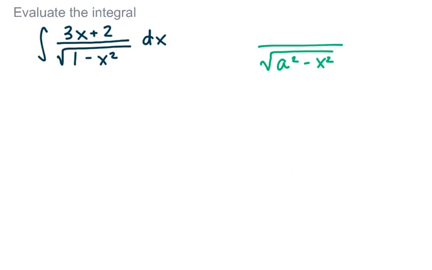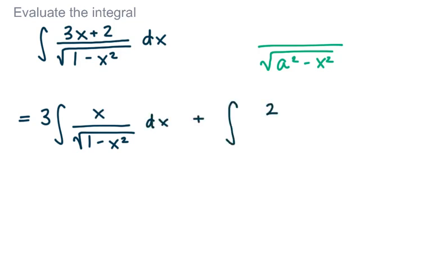Since I have only one term that's all grouped with the square root in my denominator, I'm going to separate this. I have the integral of 3x over the square root of 1 minus x squared, and of course, because I have that 3x, I can pull the 3 in front and just have x there, dx, plus the integral of 2 over the square root of 1 minus x squared.